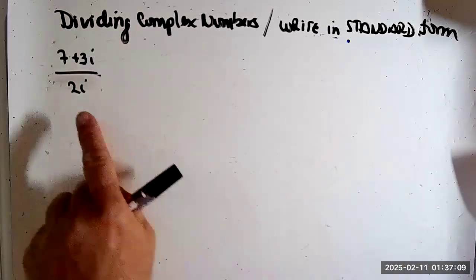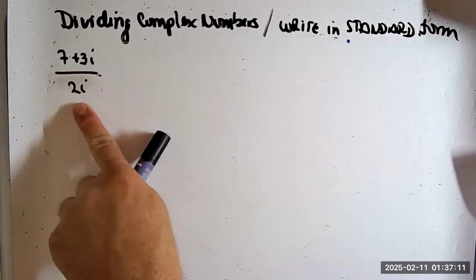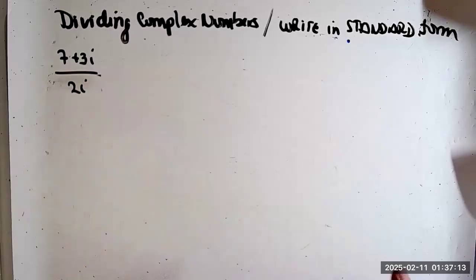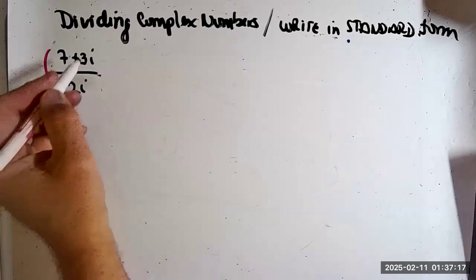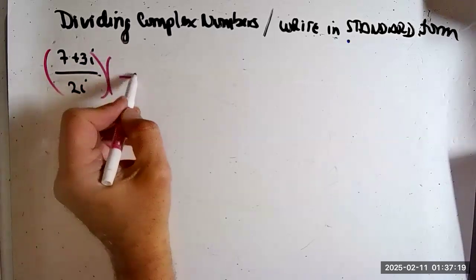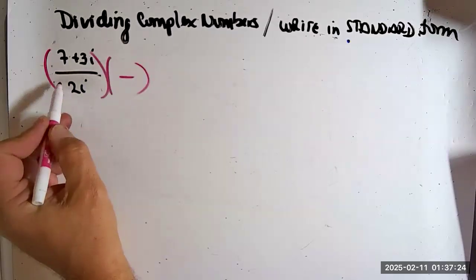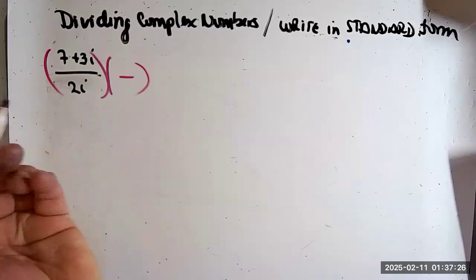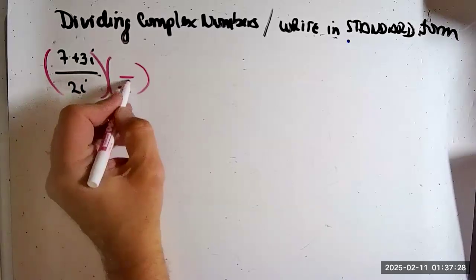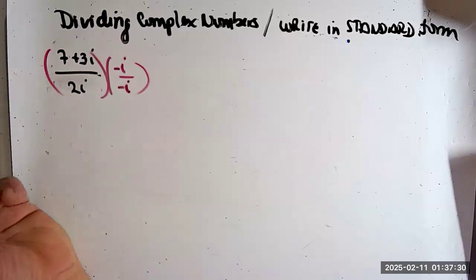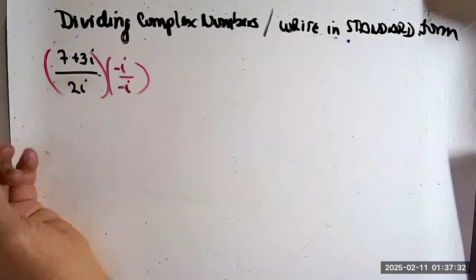If I'm dividing by just one term, one monomial, we don't multiply by the conjugate, well, almost conjugate. I don't have to worry with the 2, just the i. This is plus i. The conjugate, plus i, will be minus i. So multiply by negative i top and bottom.